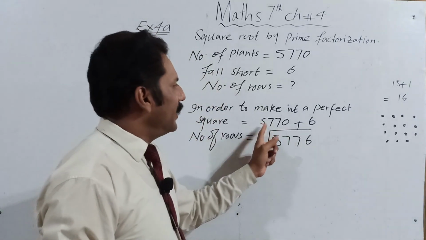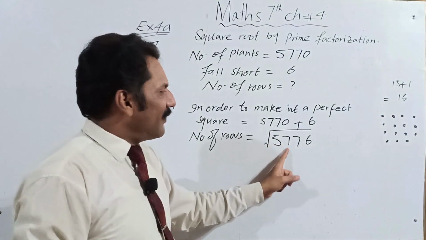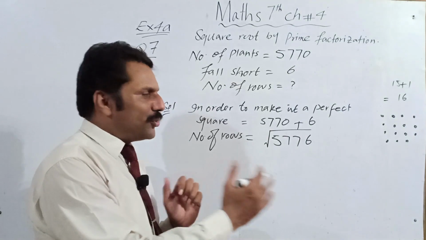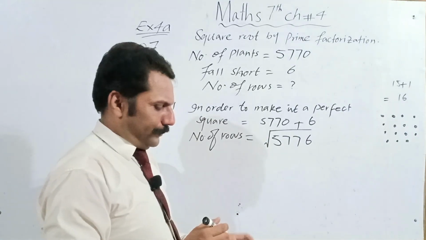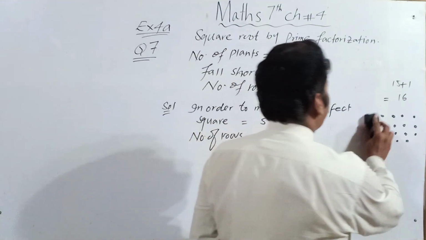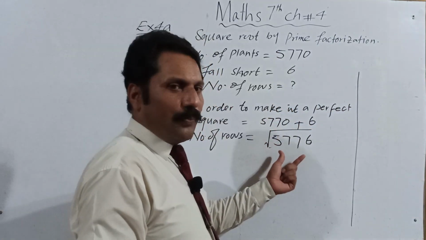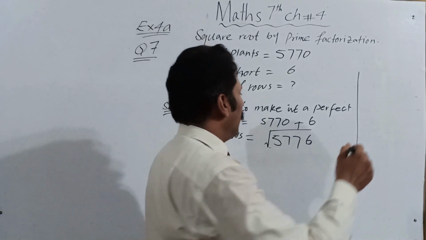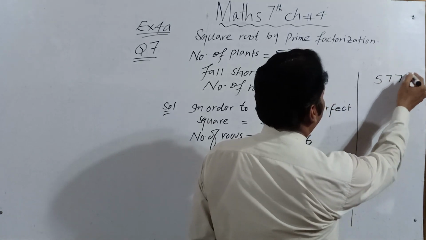Similarly, we have added 6 in the given number of plants and now we have 5776 plants, and if we want to make the number of rows and the number of plants in each row equal, then we will have to take the square root of this. Let's take the prime factors of 5776. Okay, we want to find the square root of 5776 and we will make the prime factors of 5776.